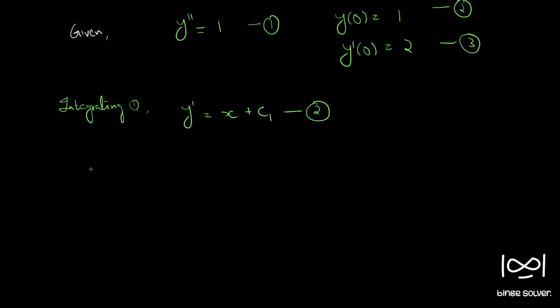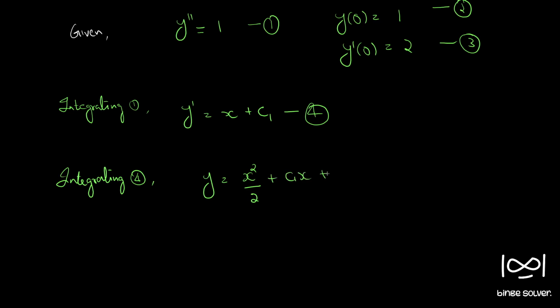Now we got our y dash. Now integrating this, equation 4, we get y equal to x square by 2 plus c1x plus c2.